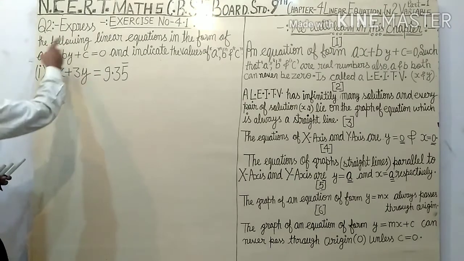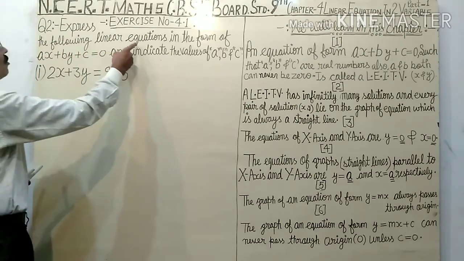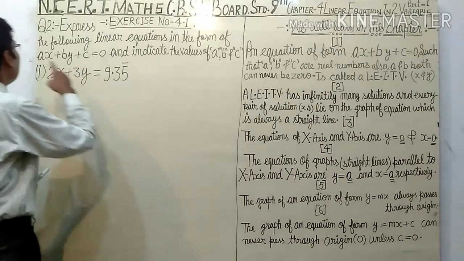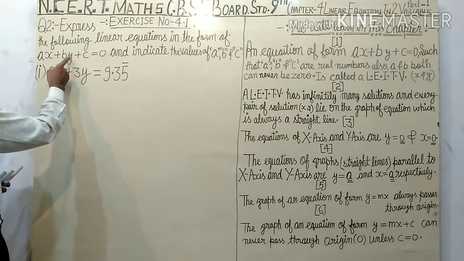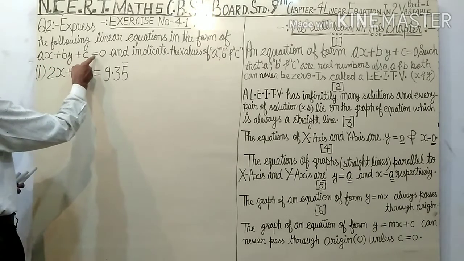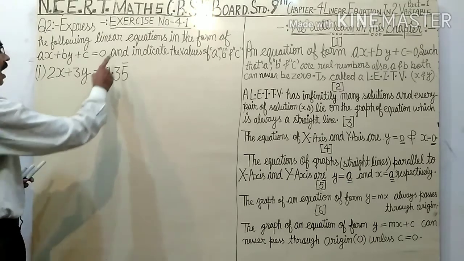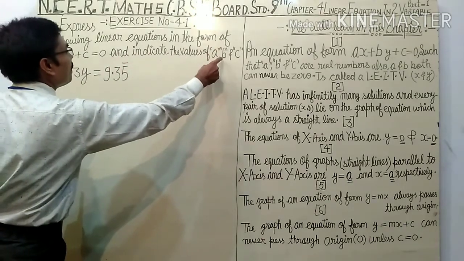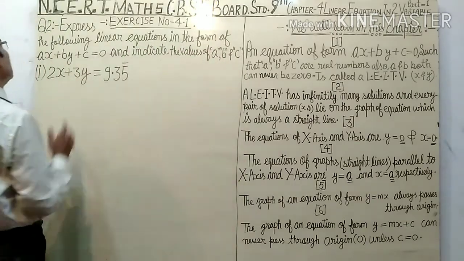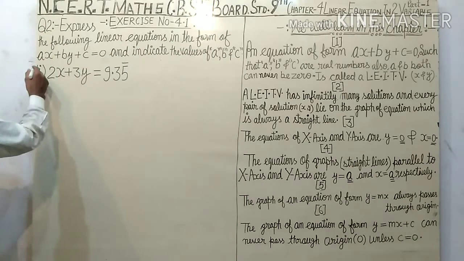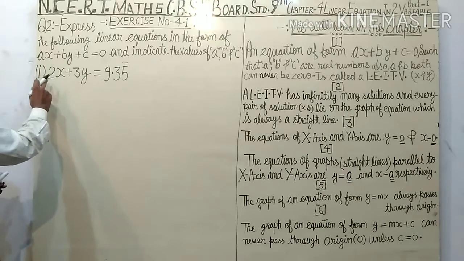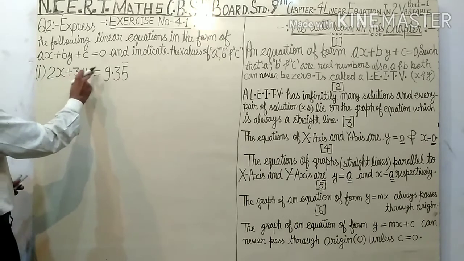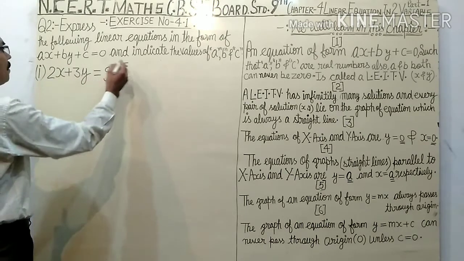Express the following linear equations in the form of ax plus by plus c is equal to 0 and indicate the values of a, b and c in each case. Students, in the first part we have been given 2x plus 3y equals 9.35 bar.